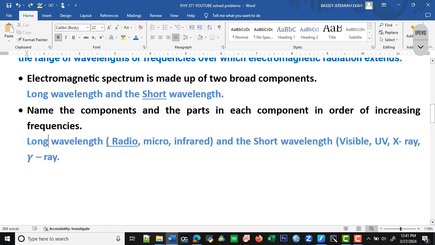In order of increasing frequency, we have the radio wave, the microwave, the infrared. On the other side of the component, the short wavelength, we have visible light, ultraviolet light, X-ray, and gamma ray.